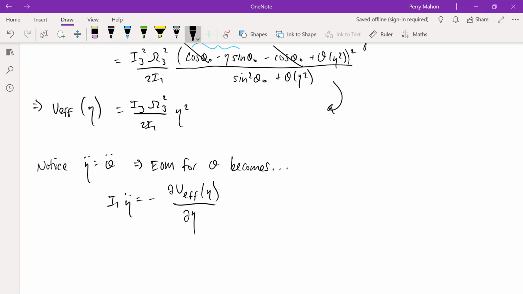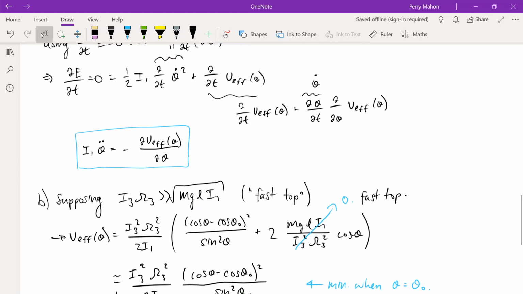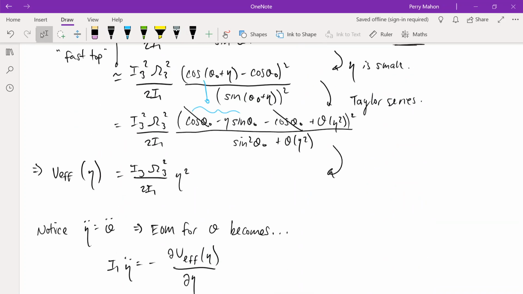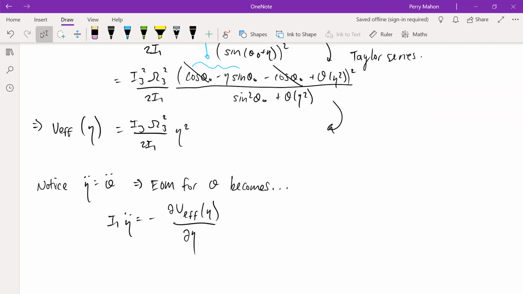This was by d theta previously, but we set theta to be theta naught, which is constant, plus some small parameter, and you can see how the derivative transforms under this change of variables is just to be d by d eta. So now we plug in V effective here, so this is just minus I3 squared omega 3 squared over I1 eta.